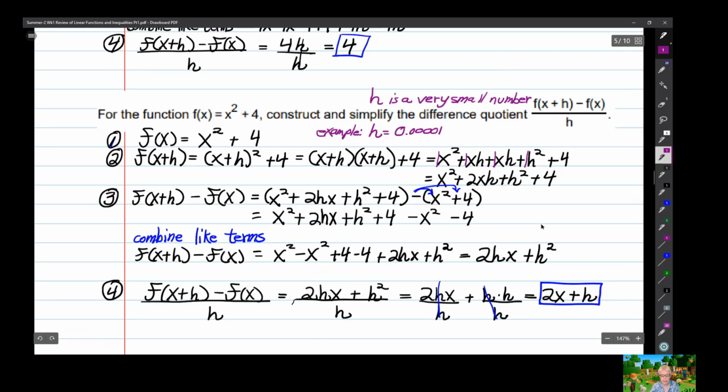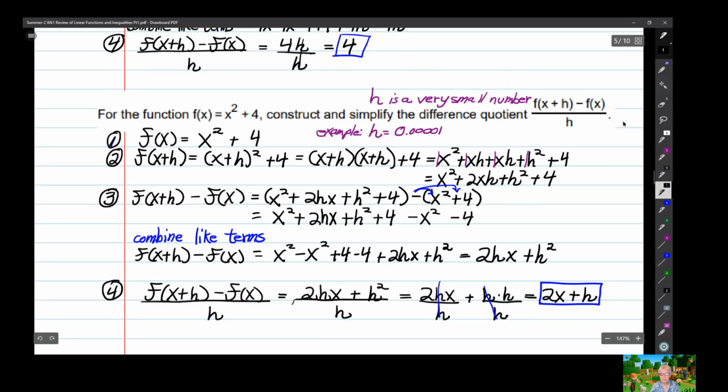So, back to work here. I combine like terms. 1xh plus 1xh is 2xh. Though I really should have written hx, shouldn't I? Because h is a variable, so I'm going to do that right now. No, I'm not. I can't. It's too late. All right, we'll just leave it.